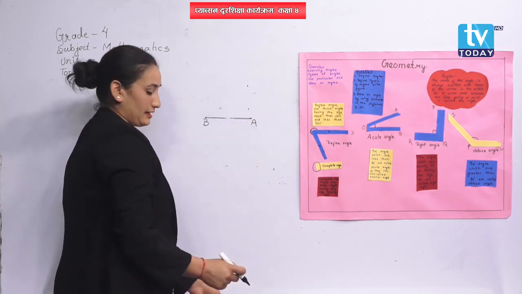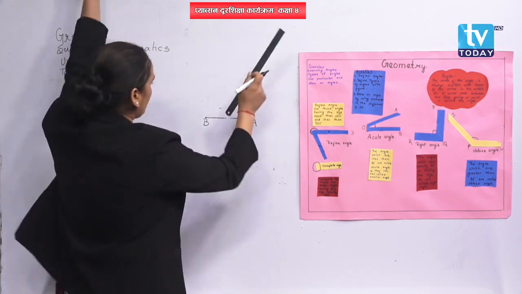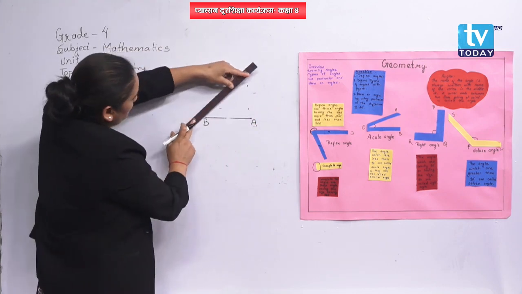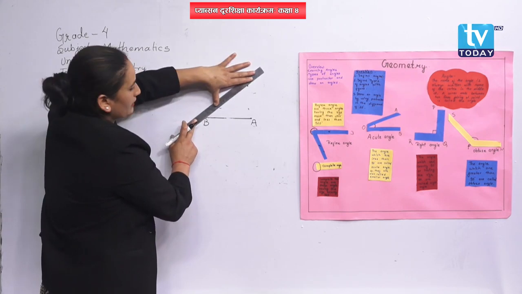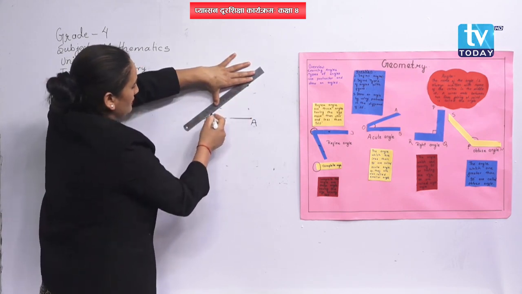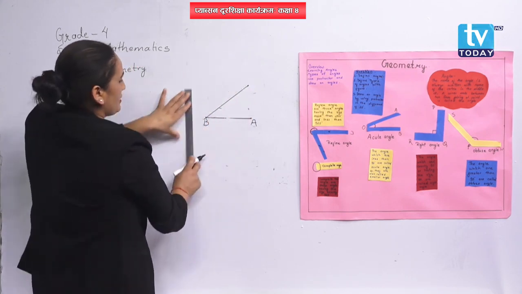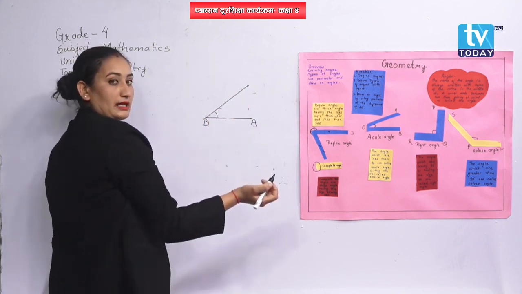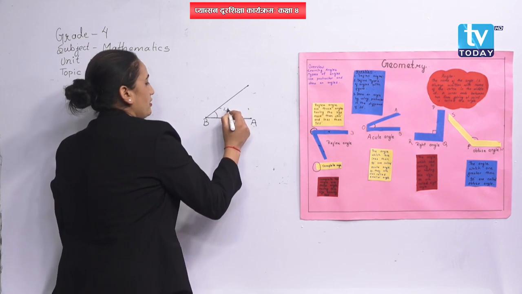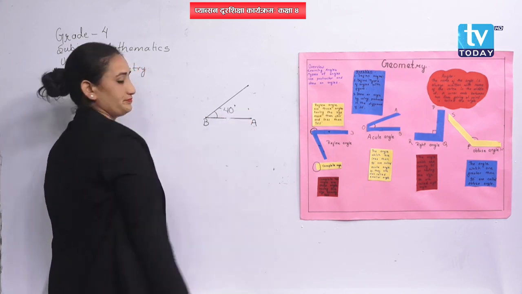So draw it with the scale. Can we put the scale and join the point this way? Yes. Okay. Now draw the straight line over here and make an angle like this, and write here 40 degrees.